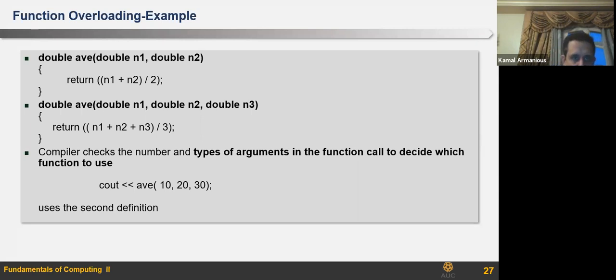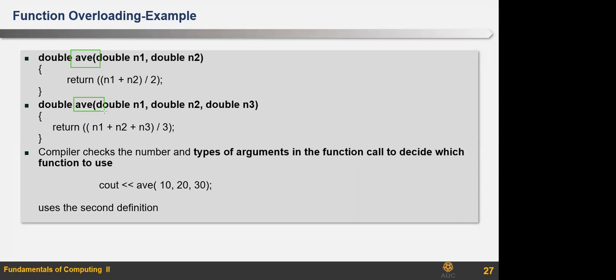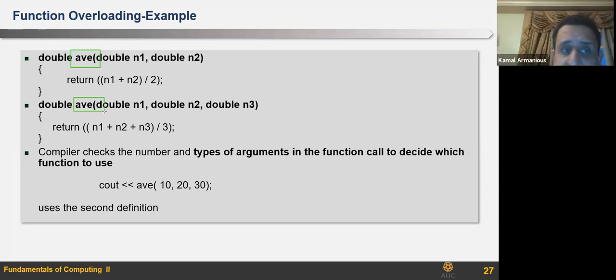So if you see this piece of code, AVE and AVE, this is the same function name, which is AVE, average. However, here there are two input parameters, double N1 and double N2, and here there are three input parameters, N1, N2, N3.